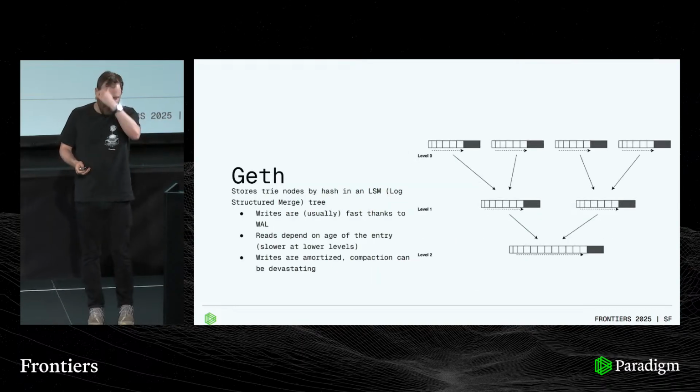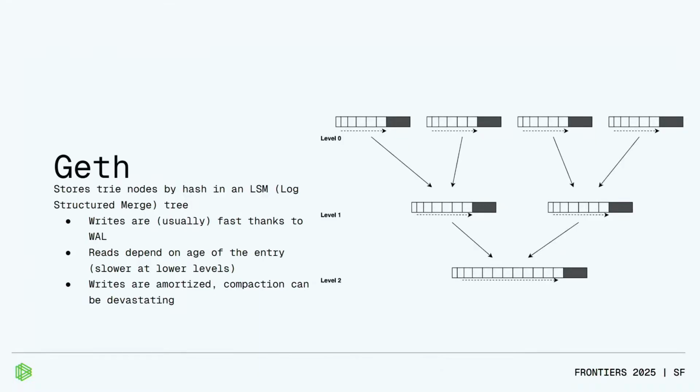So let's quickly talk about how this works in existing EL nodes. Geth, the canonical, classic ETH client, uses a log-structured merge tree for storing all of its data. The good, bad, and ugly is that writes are usually fast because you're writing into a write-ahead log. Reads kind of depend on the age of the entry you're accessing, so if it hasn't been touched in a long time, it could be very slow.